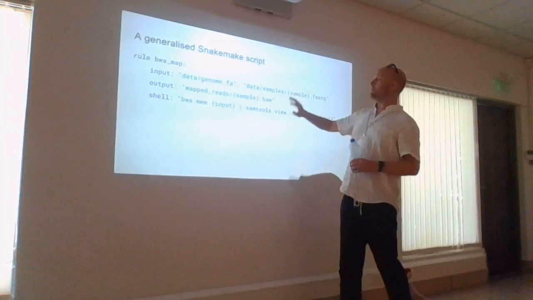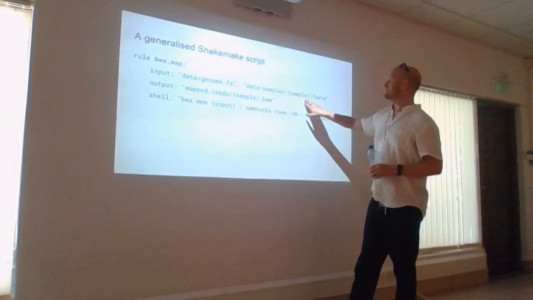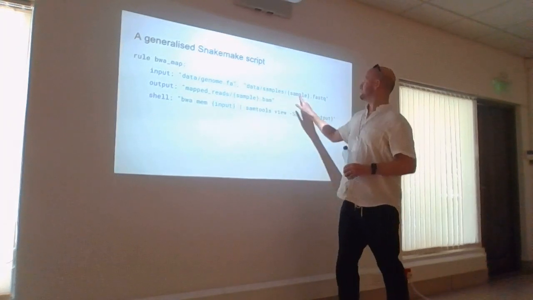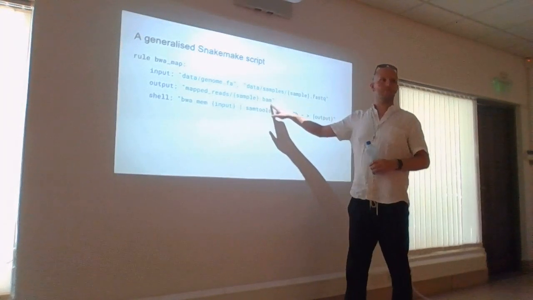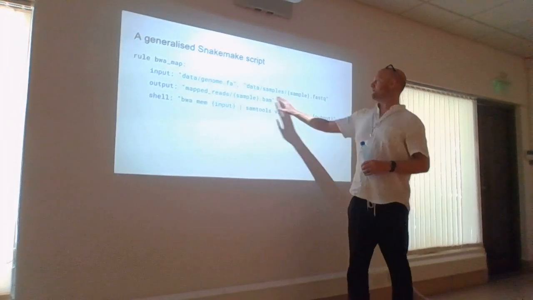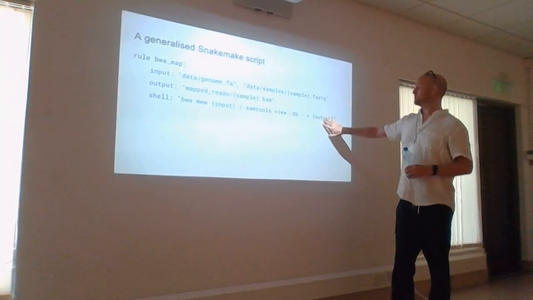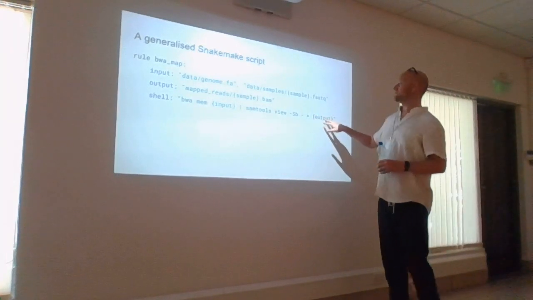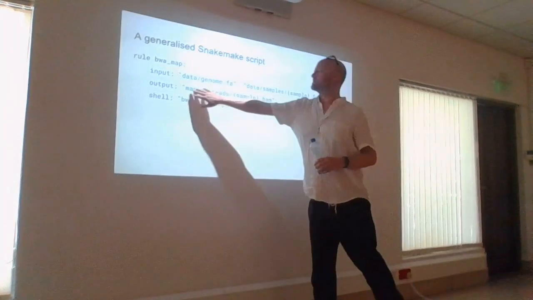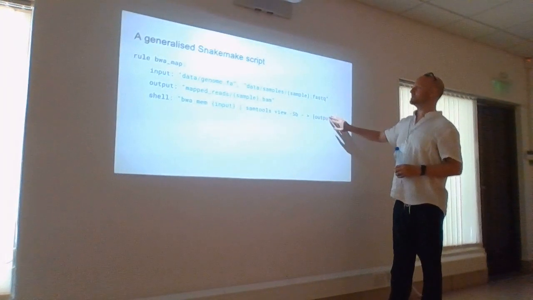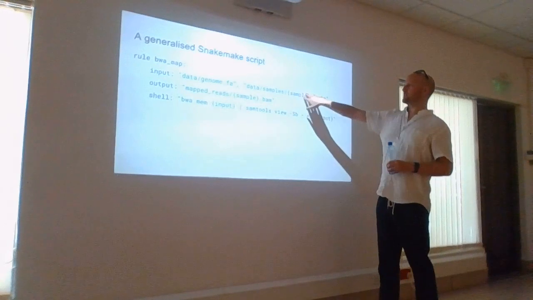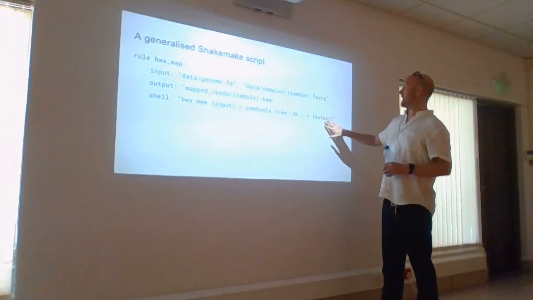So now the output, when the input is sample1, the output is going to be sample1.bam. And then that is fed forward into this. So this output is then going to be sample1, and in the shell command, we've specified the input and then the output as well.